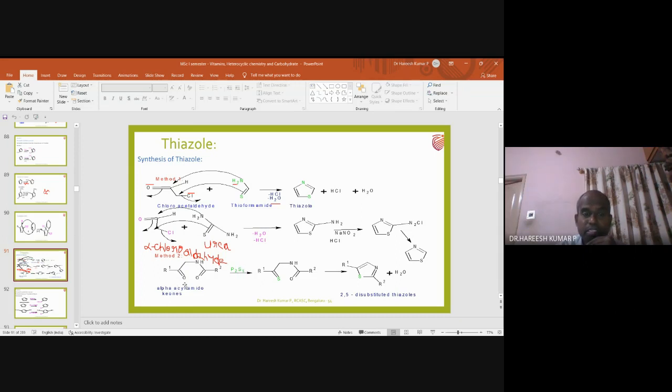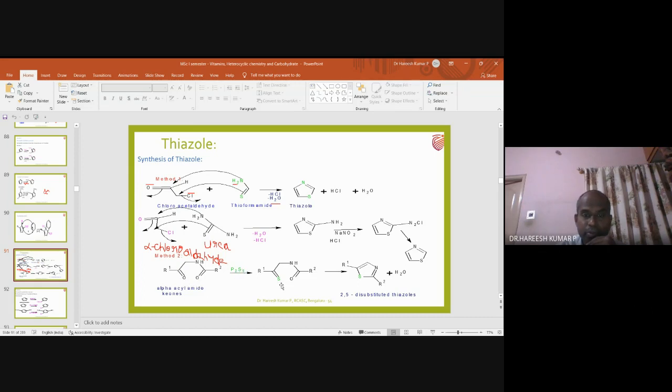You know that this carbonyl is an amide carbonyl, and this other one is a ketone carbonyl. So the amide oxygen is replaced with sulfur.